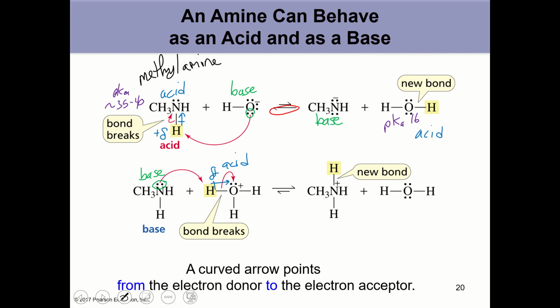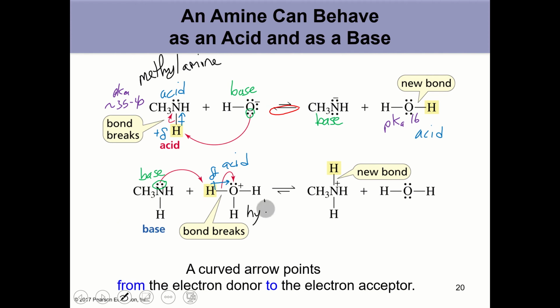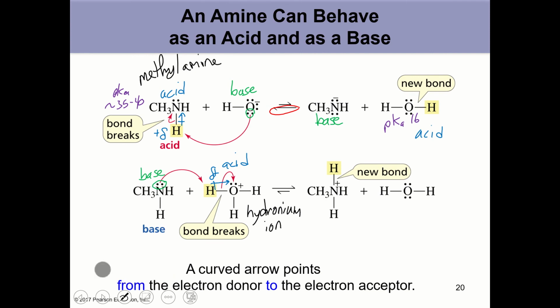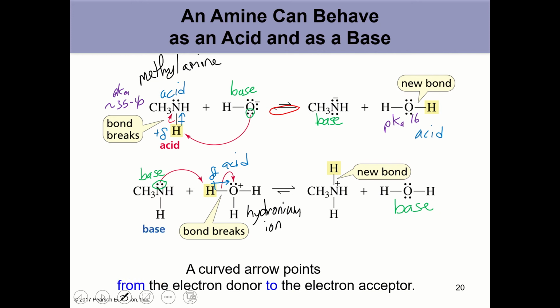When we look at methylamine acting as a base with protonated water, what we call hydronium ion, in the products, the deprotonated water will be the base, and the protonated amine will be the acid.